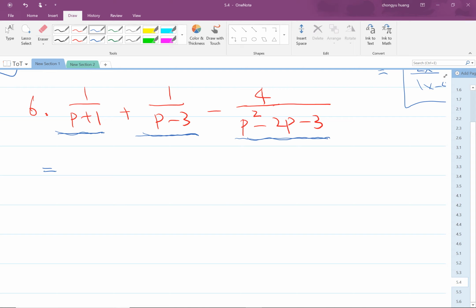So first, you write down everything which is already the simplest, and then you try to simplify the denominator p squared minus 2p minus 3, and it turns out to be p minus 3 and then p plus 1, right? Okay.